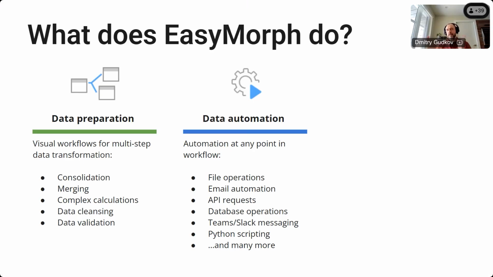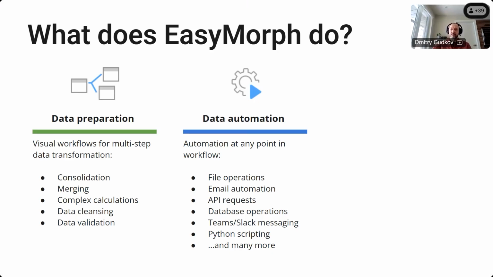But you can also perform more advanced operations such as API requests or querying databases, or sending automatic messages to Teams or Slack, and many more other things that we will cover in the second part of this webinar. All those capabilities you can do without coding, without programming as well.